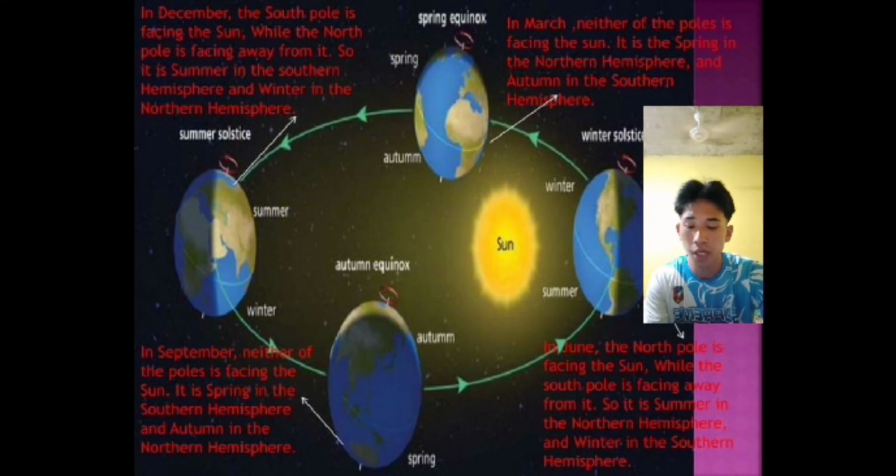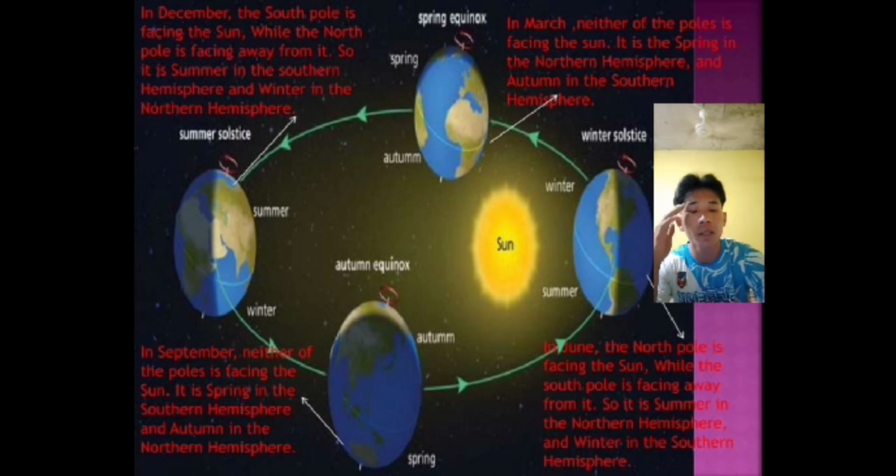In September, neither of the poles is facing the Sun. It is spring in the Southern Hemisphere and autumn in the Northern Hemisphere. And in June, the North Pole is facing the Sun while the South Pole is facing away from it. So it is summer in the Northern Hemisphere and winter in the Southern Hemisphere.